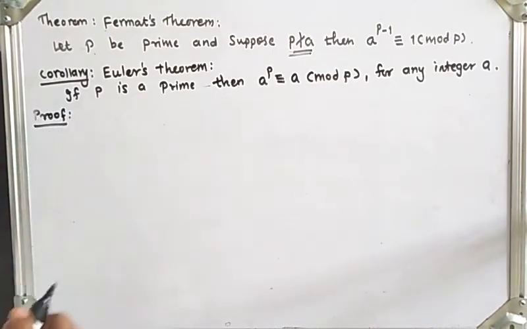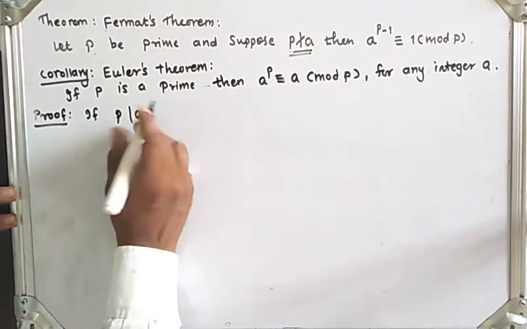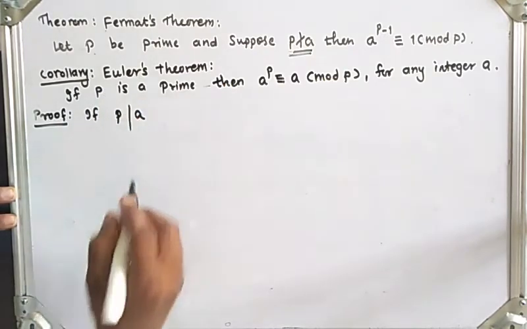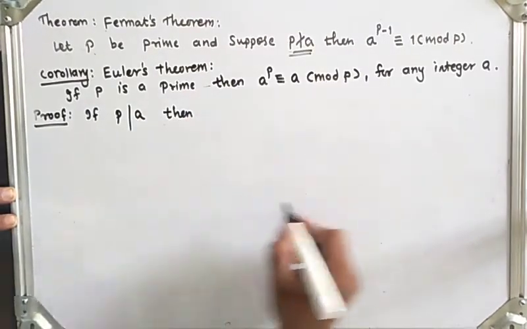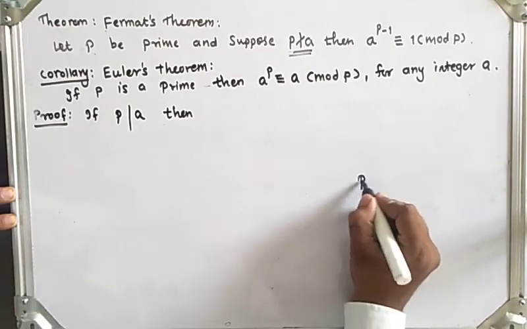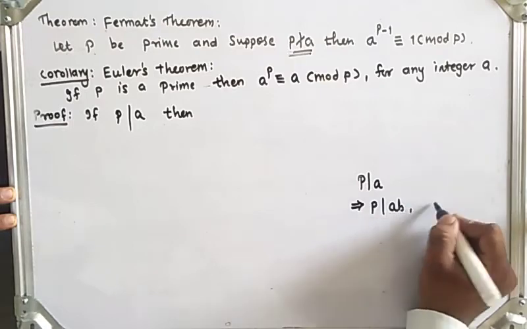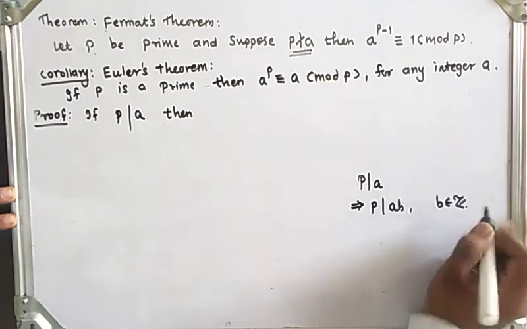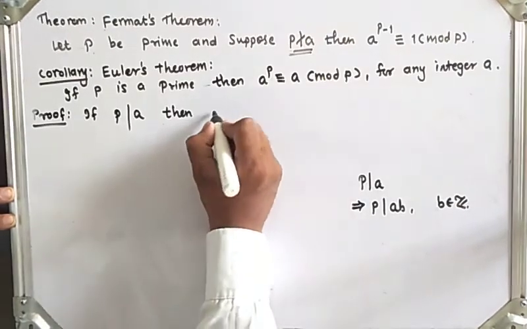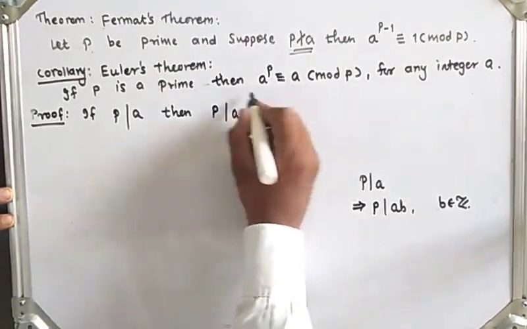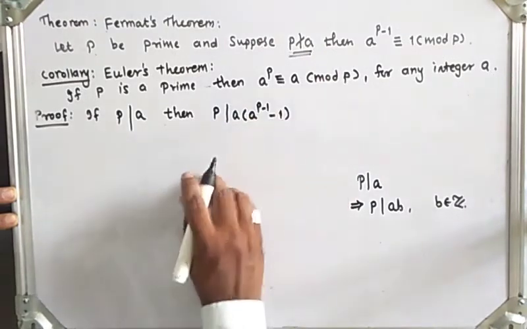Now if p divides a, then we know the property that if p divides a, then p must divide a into b for b belonging to the set of integers, right? So here p divides a, then I will write p divides a into, taking a as common, a raised to p minus 1 minus 1, right?